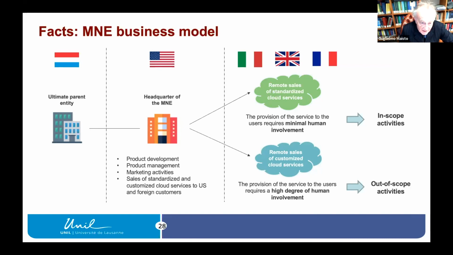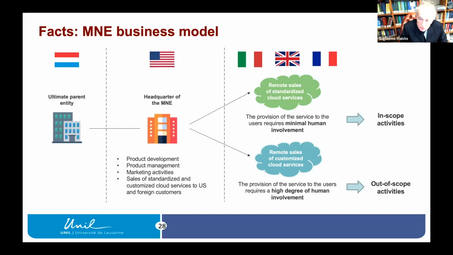We have a parent company, and we have the headquarters of the MNE in the US, where main functions are performed, from product development to sales of standardized and customized cloud services. And we have two businesses which are conducted.